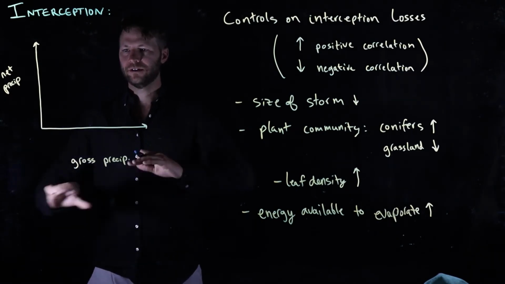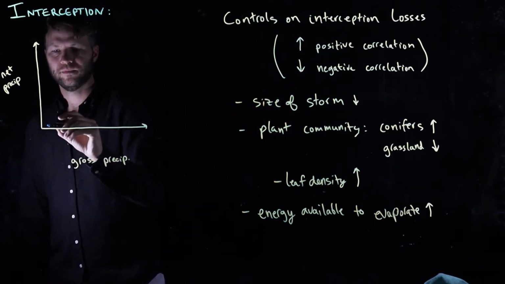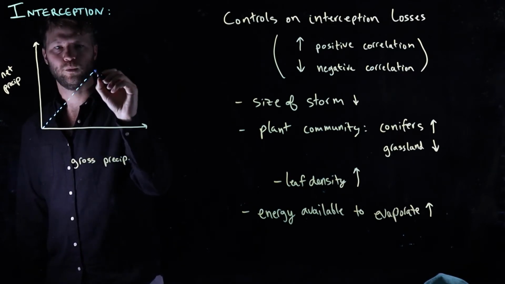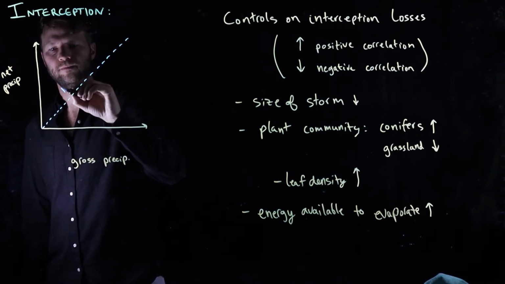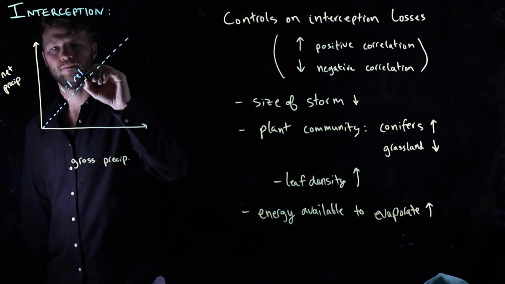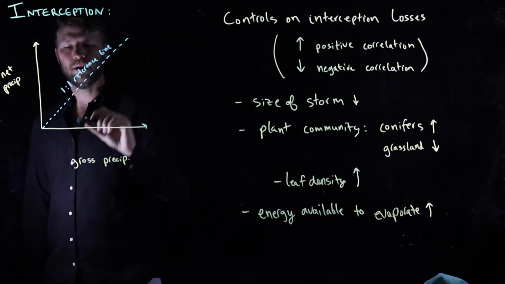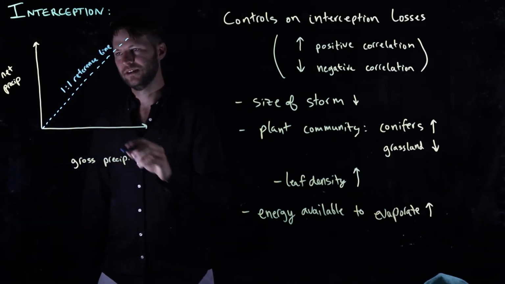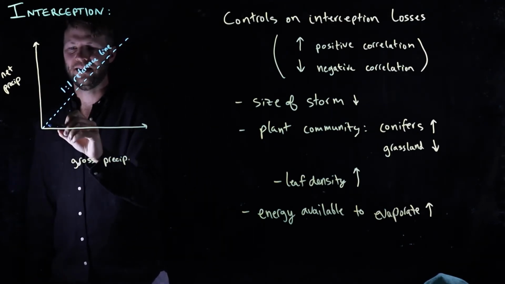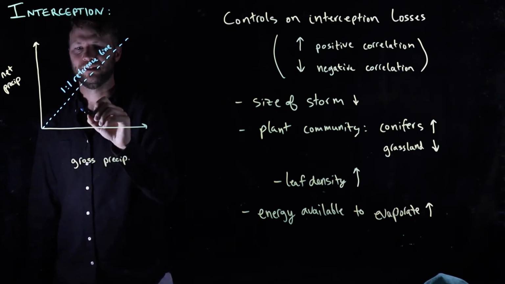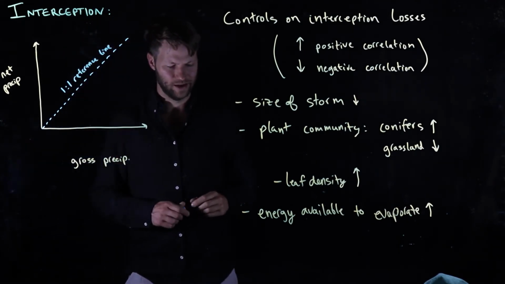And if there were no interception at all, we should see things falling on this one-to-one reference line. But because of interception, we would anticipate that there's going to be more gross precipitation than net precipitation because some of it's not going to end up hitting the ground.